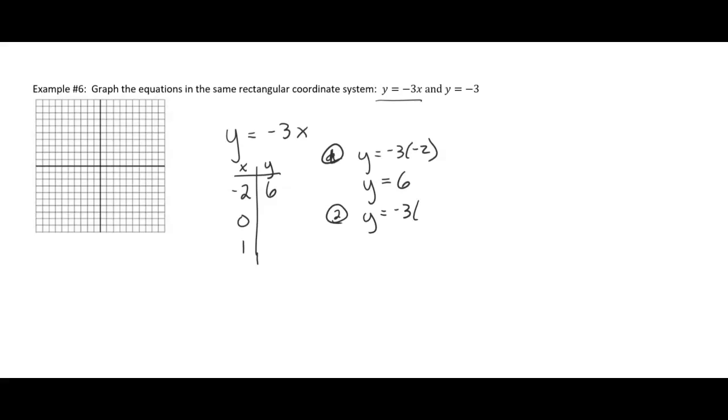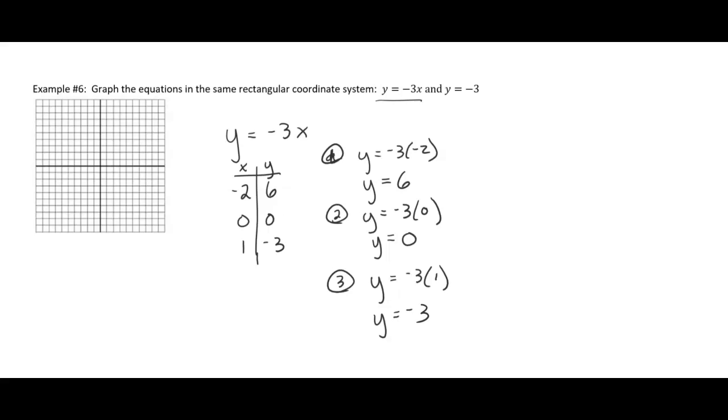Now, where did I come up with those numbers, negative 2, 0, and 1? I just made those up. I just picked some fairly small numbers: one negative, 0, and a positive. So we get y equals 0. And then the third one, we're going to let x equal 1. So you get negative 3 times 1, which is going to be negative 3.